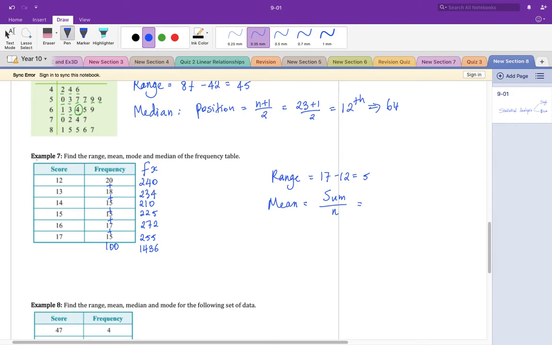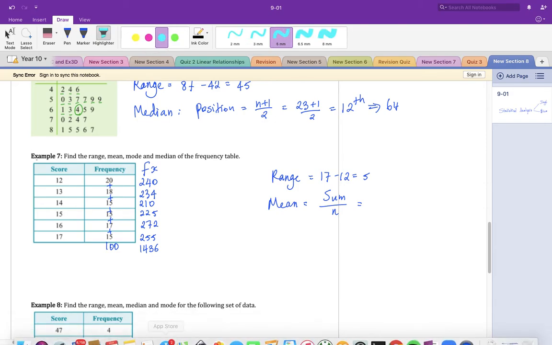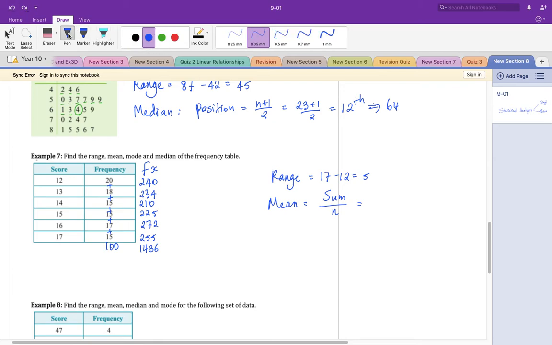So that means the sum of everything is 1436, right? So on top of the fraction, I'm writing this value. On the bottom, that's how many values we have in total, and that's 100. So that will be 14.36. That's the mean. Alright, for mode.